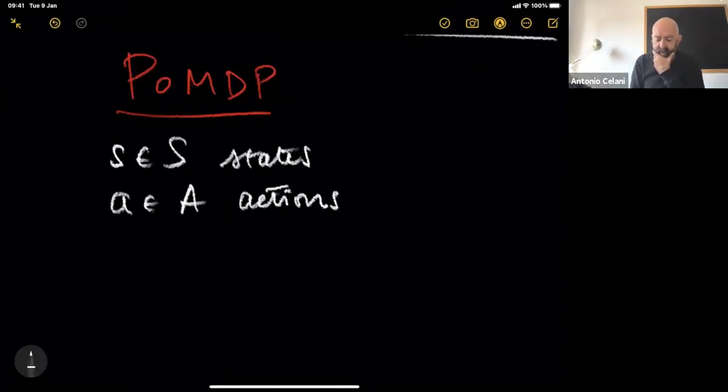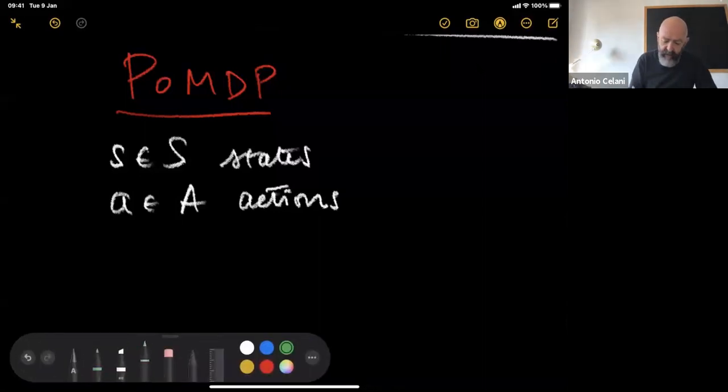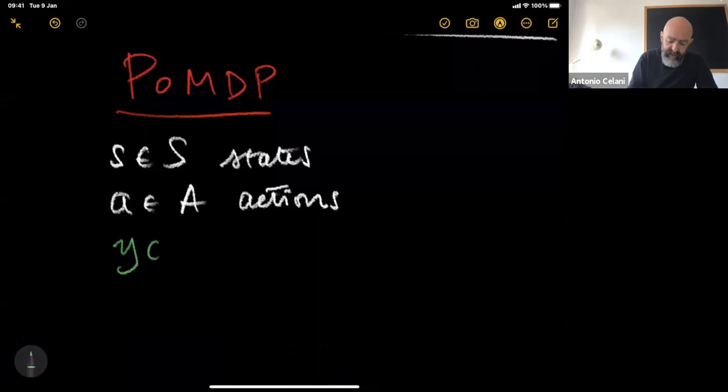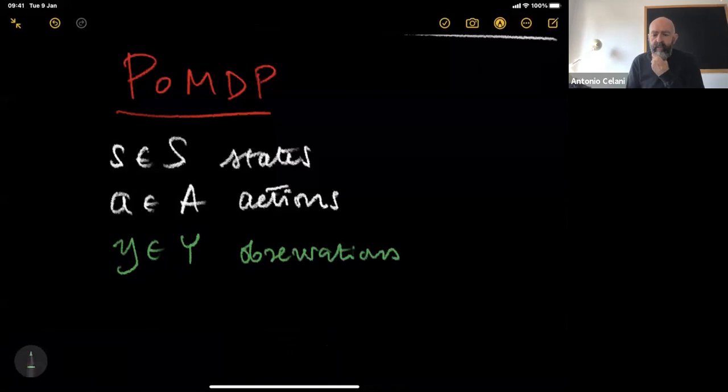A new thing with respect to the Markov decision process, something that we've been discussing already extensively, is that now we have another set of objects, which are the observations. Or more generally, you may also think of them as the percepts.